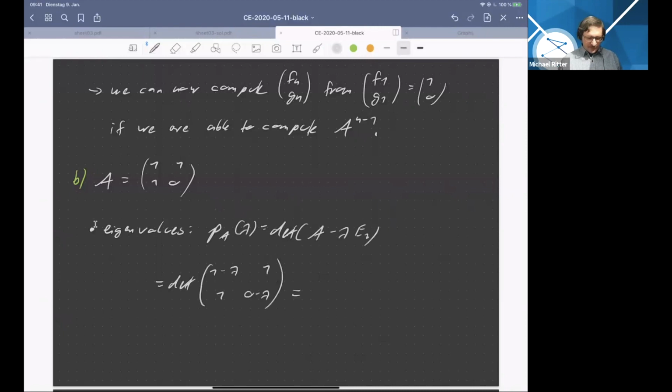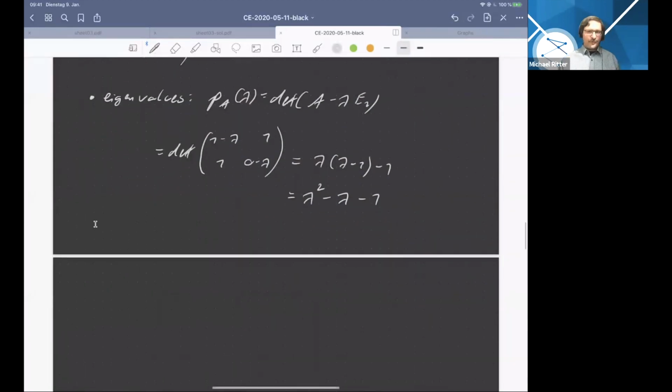And that determinant, well, that is simply, let's see, lambda times lambda minus 1, or lambda squared minus lambda minus 1.